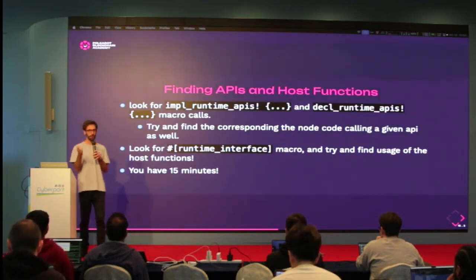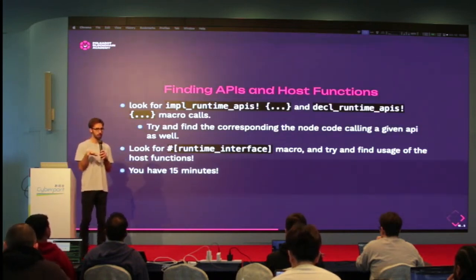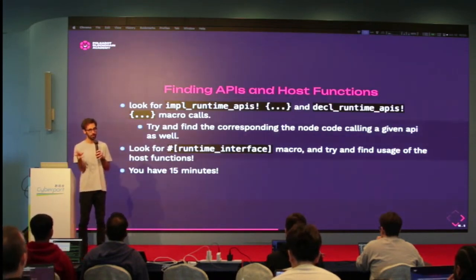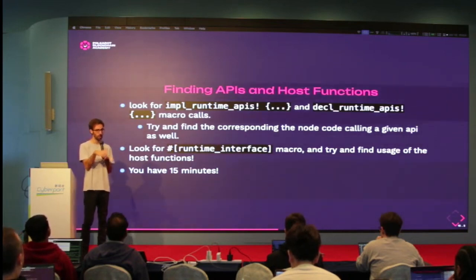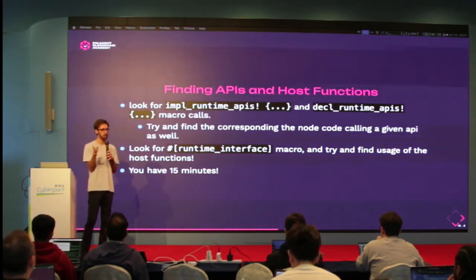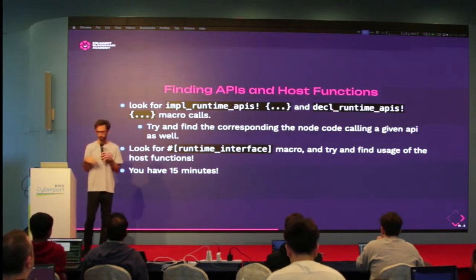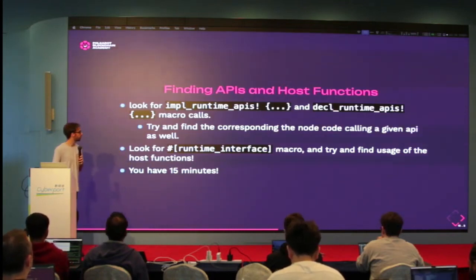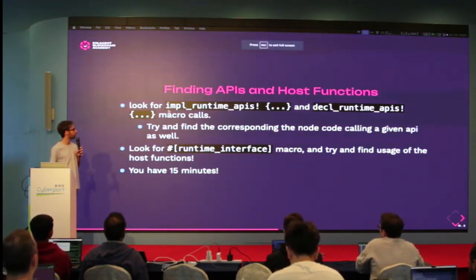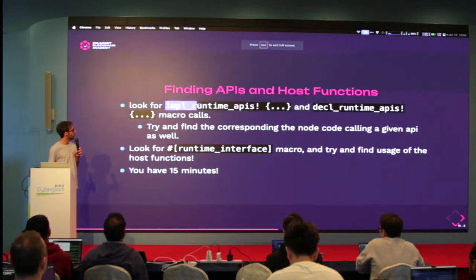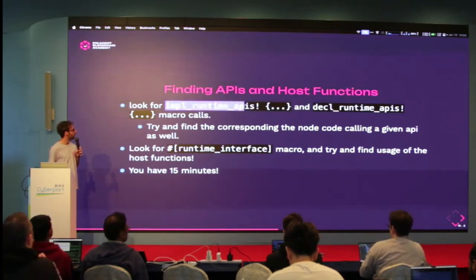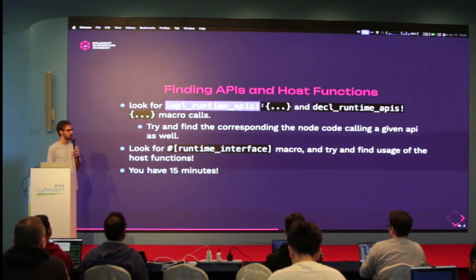The way to define runtime APIs and implement them, and similarly to define host functions in Substrate, are all done using macros. There's a macro called impl_runtime_apis. You also have this in your assignment.